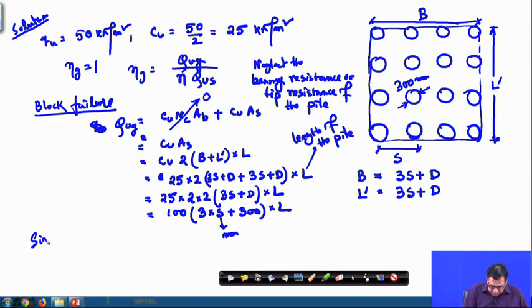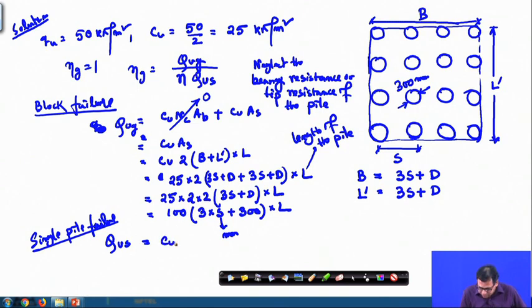Now, for single pile failure, the single pile capacity QU single, again we are neglecting the tip resistance. So, it will be alpha into Cu into As, because now for the single pile capacity alpha is not equal to 1.